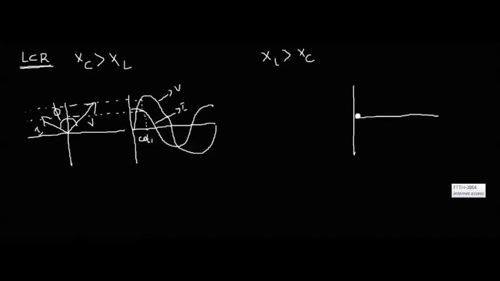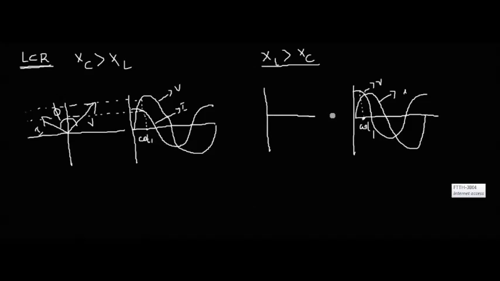So how do we draw the phasor diagram with this condition? This will be the current graph and this will be the voltage graph, and I am taking one particular instant here, at which I need to draw the phasor diagram.